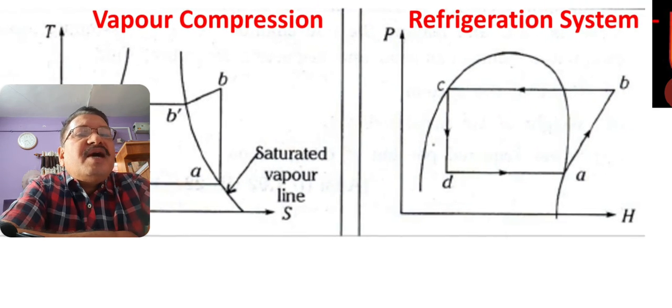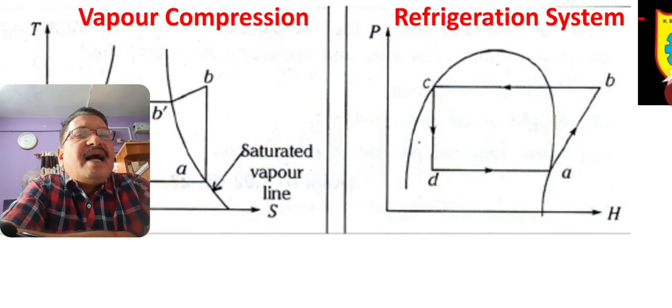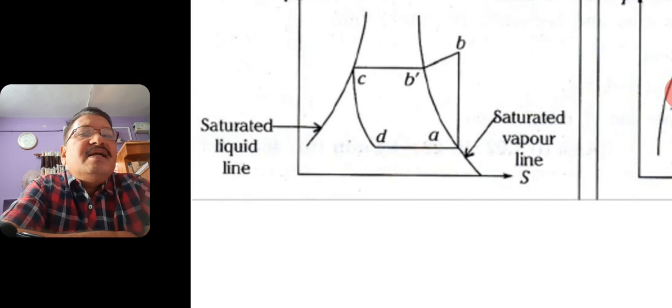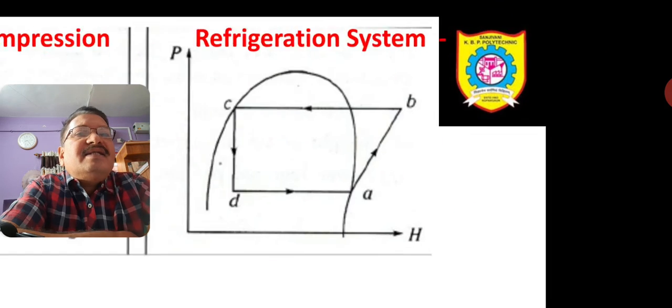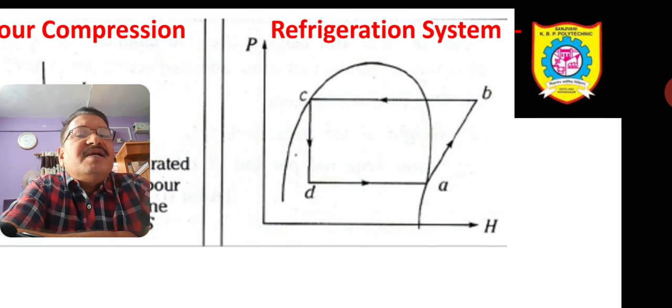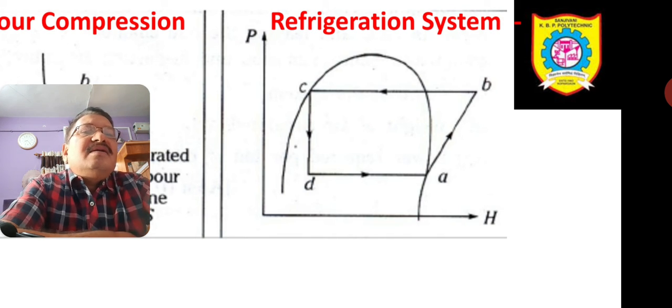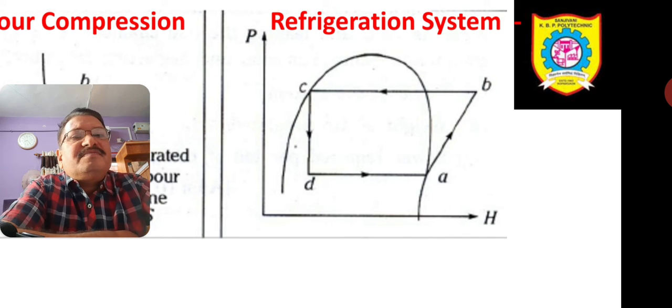Here also we have the critical point at the top, and the left side of the saturation curve is nothing but the saturated liquid line, and the right side of the saturation curve is nothing but the saturated vapor line. This saturation curve is very important, because the condition of the refrigerant inside the saturation curve is a mixture of liquid and vapor.